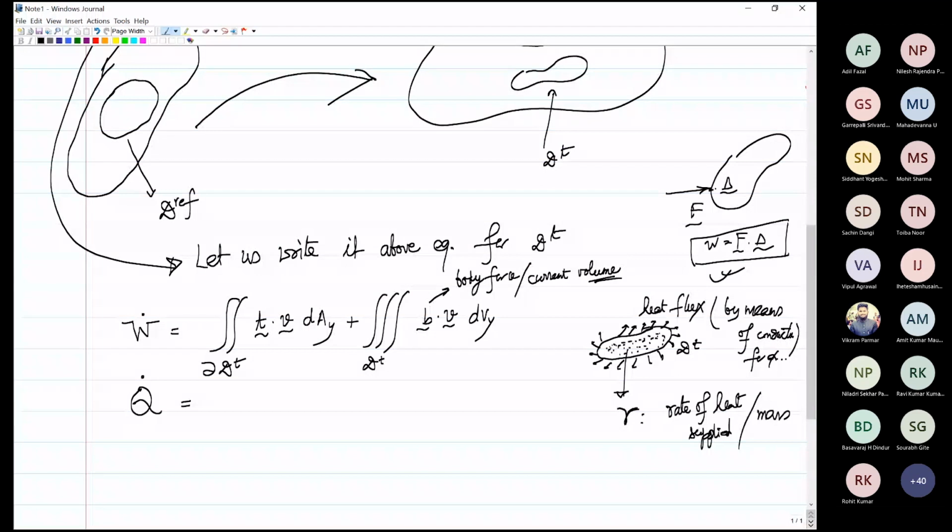Okay, and this heat flux, the book denotes it by the symbol H. But you see that the heat flux is kind of going out of the body. In the book, they use the convention of heat flux going into the body.